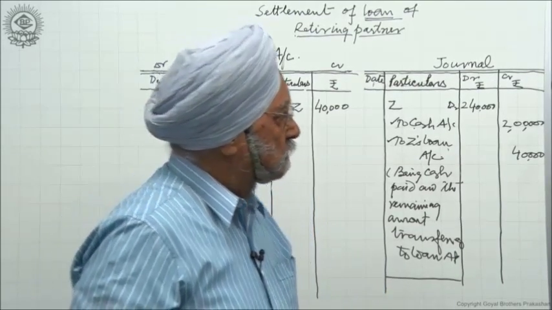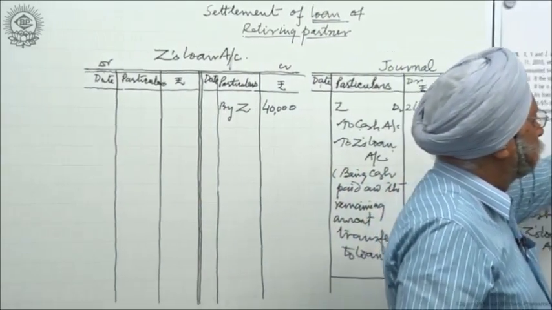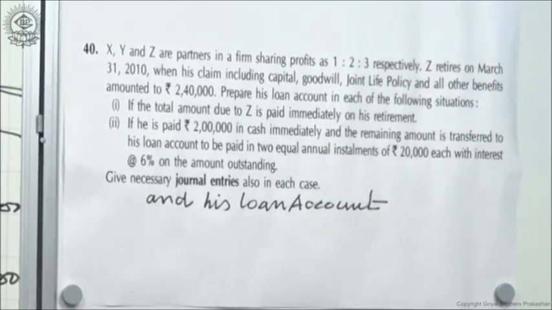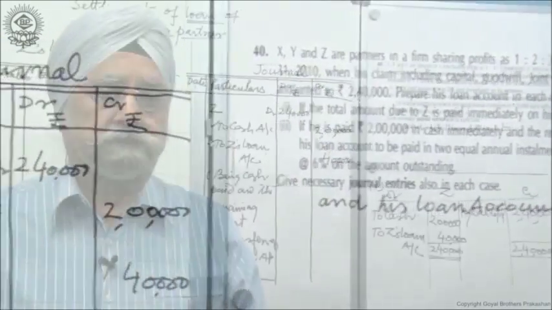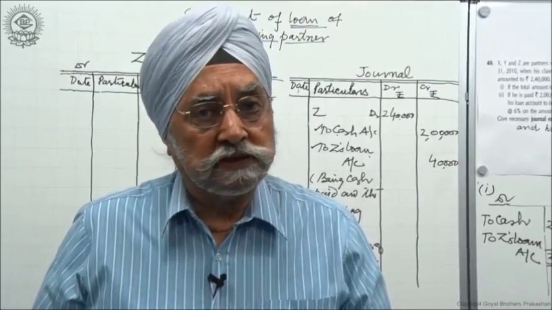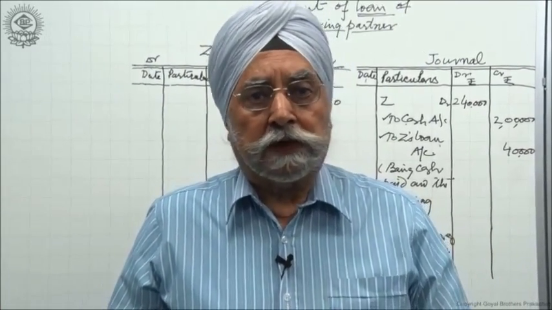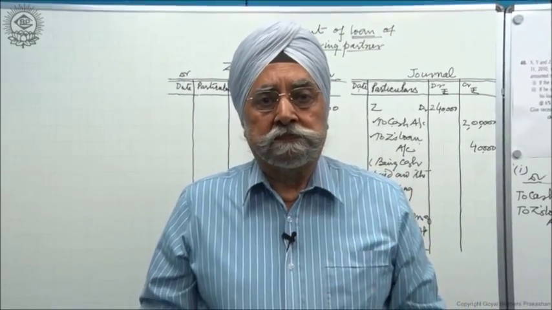Now this amount of 40,000, it is mentioned, is to be paid in 2 equal annual installments, 2 installments of 20,000 each. And the first one will be paid after 1 year.